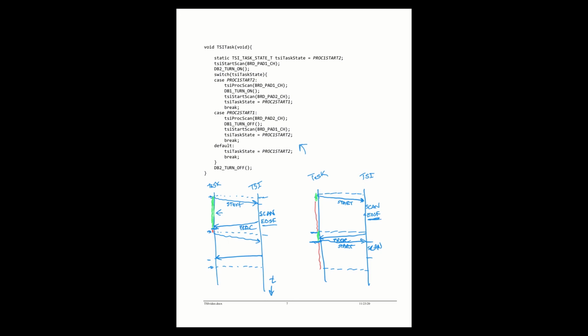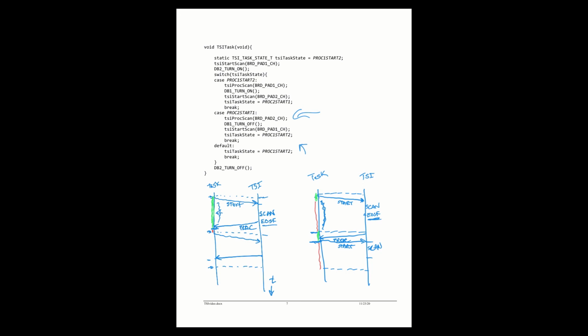And so while this code looks a little complicated for what it needs to be, what it does is it allows us to do other things in this area in here. We can do other things instead of just waiting for that end of scan flag like we do here.